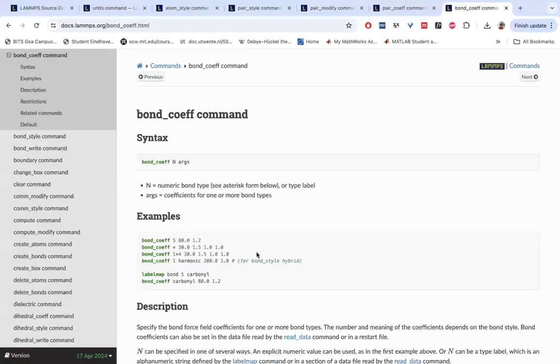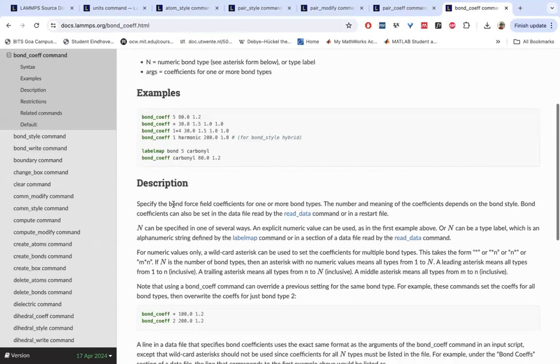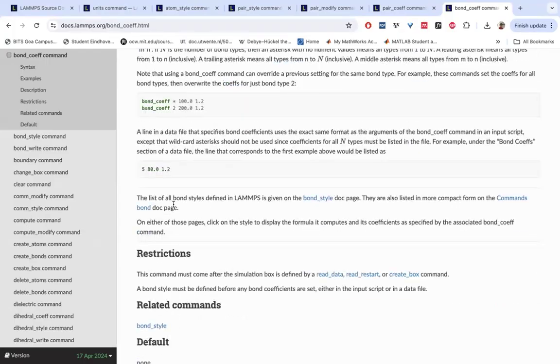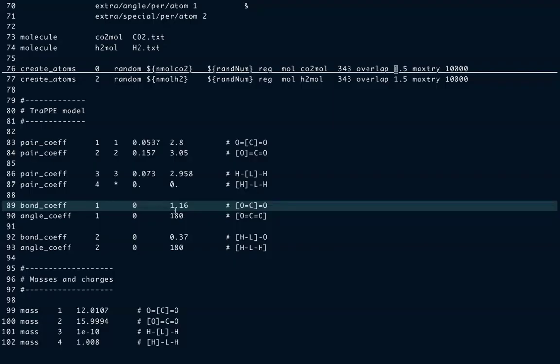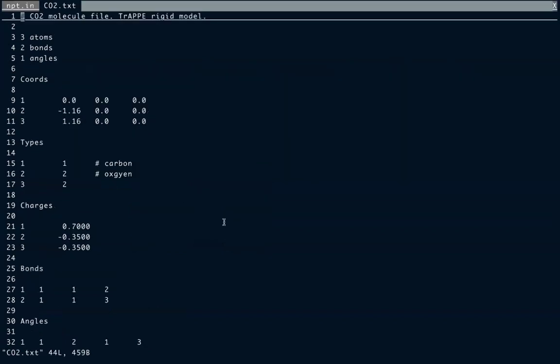When you say bond coef, you say what the numeric bond type is, and then you specify the arguments for the bond types. And using this, we have now said what the bond length should be for CO2, which is 1.16 angstroms. You can also see this in the CO2.txt file where we specified that the bond length is roughly 1.16.